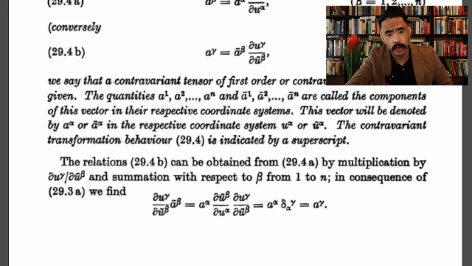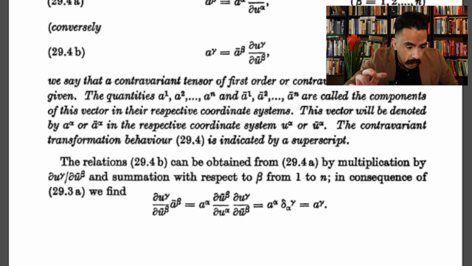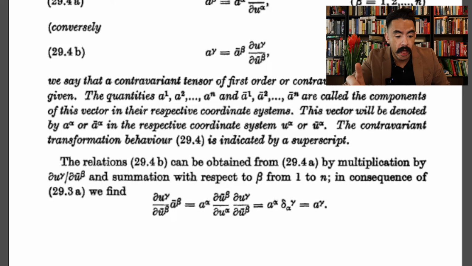In consequence of those Kronecker symbol relations given earlier, we find that ∂u^γ/∂ū^β times ā^β equals a^α times ∂ū^β/∂u^α times ∂u^γ/∂ū^β, which equals a^α times the Kronecker symbol δ^γ_α, equal to a^γ.